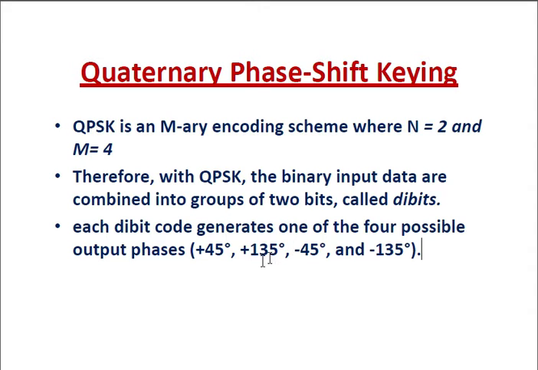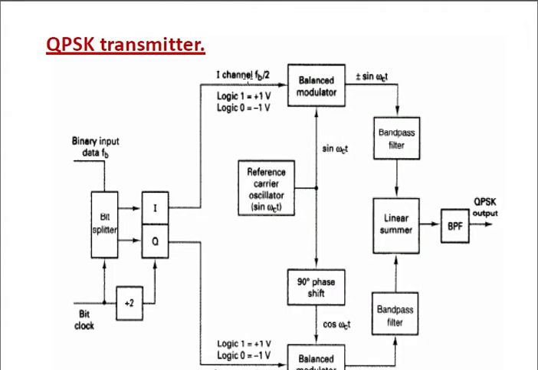In this way we have shown that four different phases are generated. That's why it is called quaternary phase shift keying, or quadrature phase shift keying. Then here we have the quadrature phase shift keying transmitter.